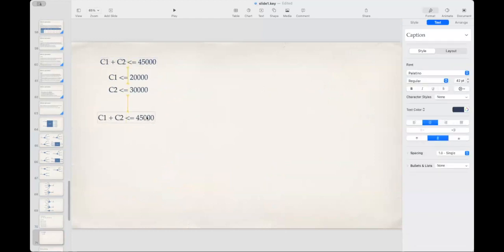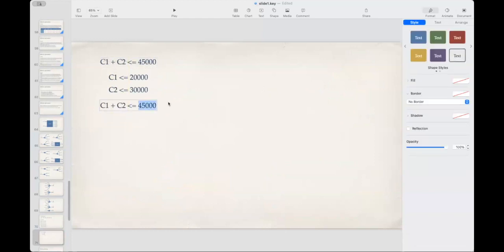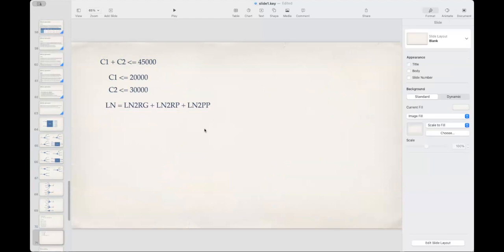Ln must be the summation of Ln to Rg and Ln to Rp plus Ln to Pp, right?